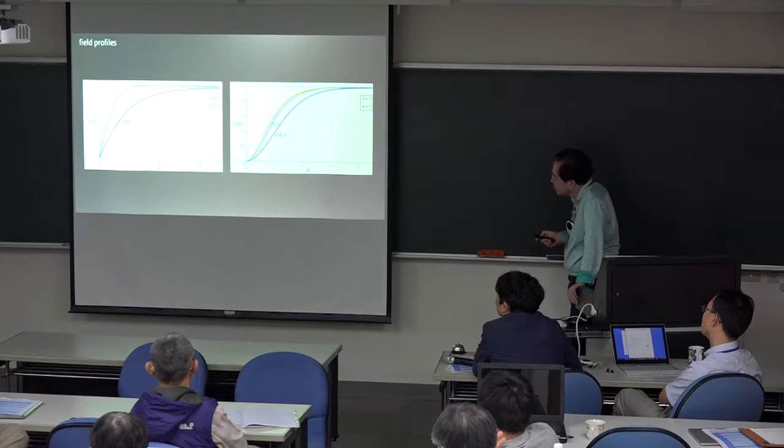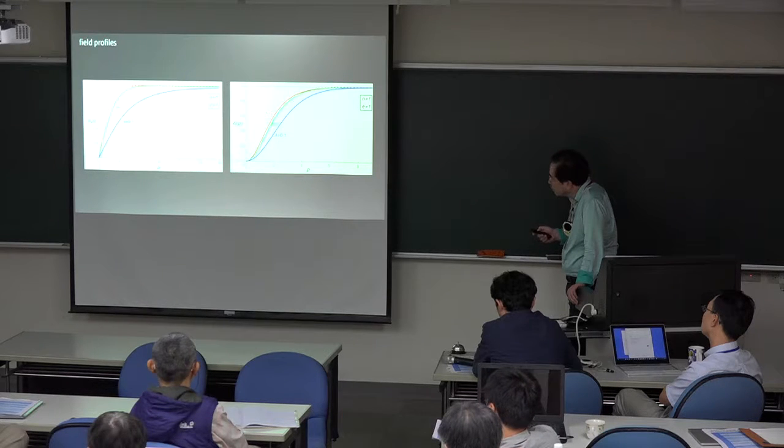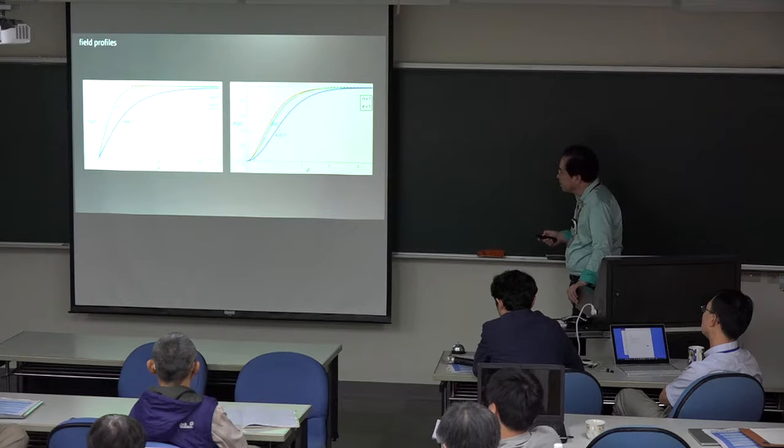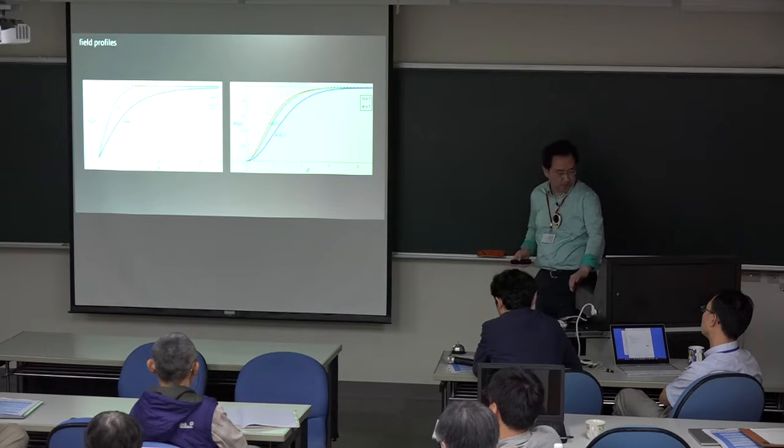But the important thing is that lambda equal to 1 means, since I chose e equal to 1, this green one means BPS object, and the blue one and the red one are not BPS.